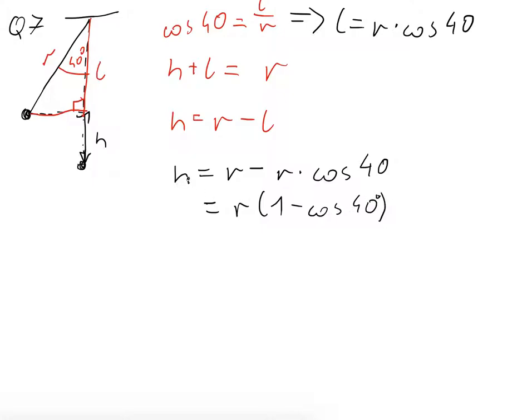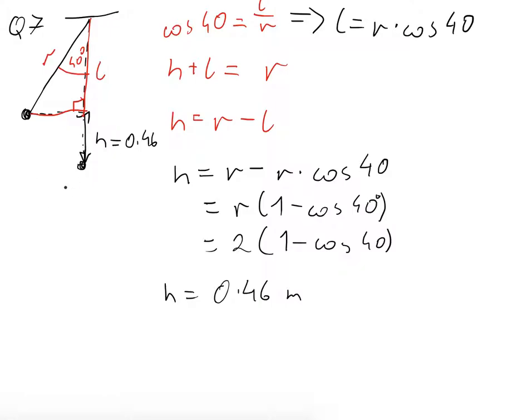So now this is my height. And I can substitute for R, that will be 2 times (1 minus cos of 40). In that case, H will be equal to 0.46 meters. So now I know that height is equal to 0.46.